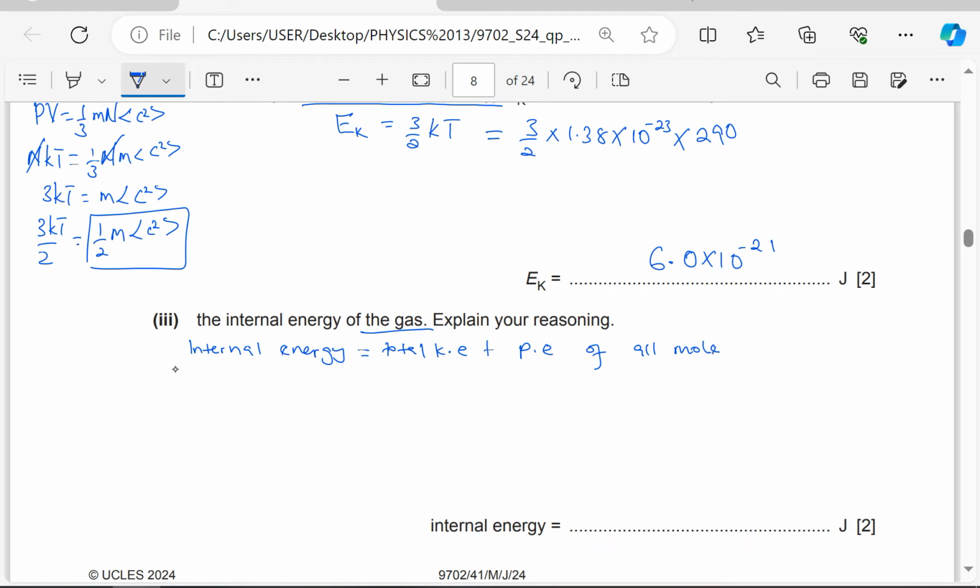That is the explanation I'm giving. Internal energy is equal to the total kinetic energy plus potential energy of all the molecules. But remember, potential energy equals 0 for an ideal gas.